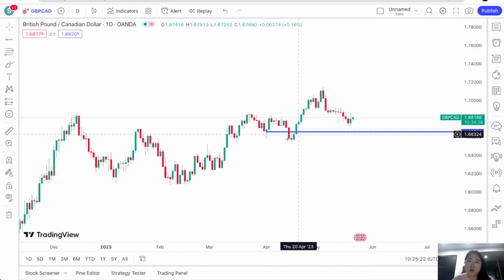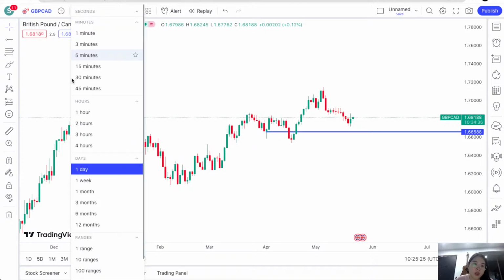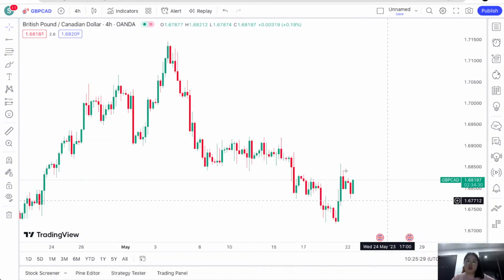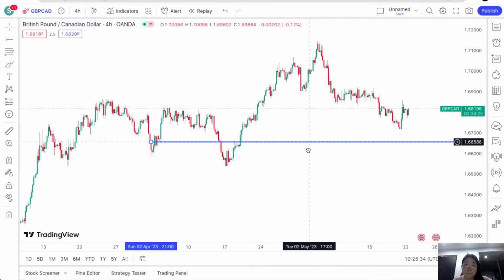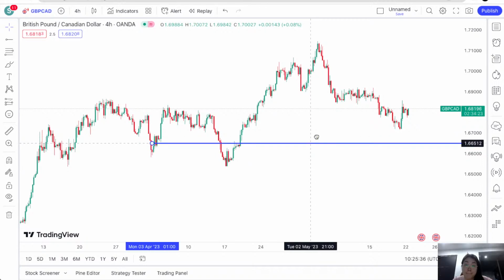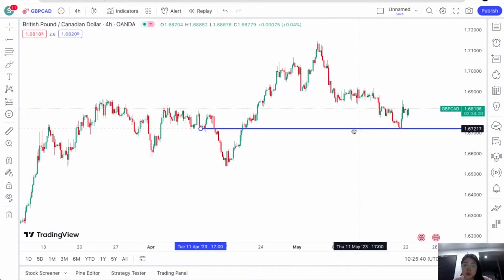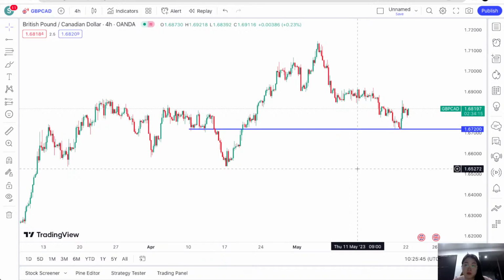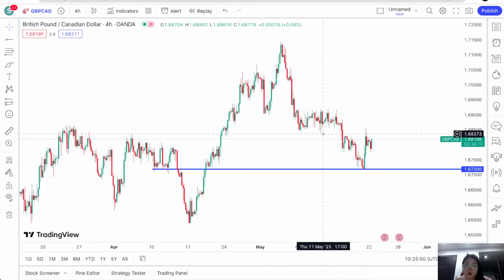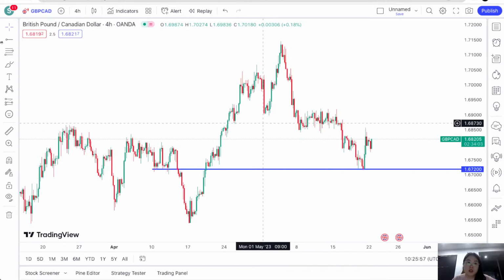I don't like that it's cutting structure, but I don't see anything else other than that. Okay, I'm gonna highlight support and resistance.